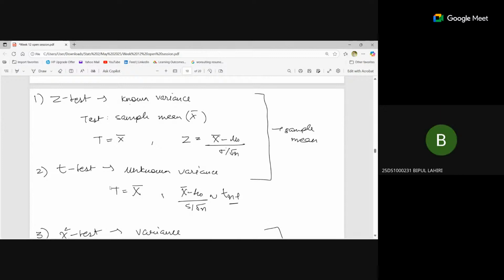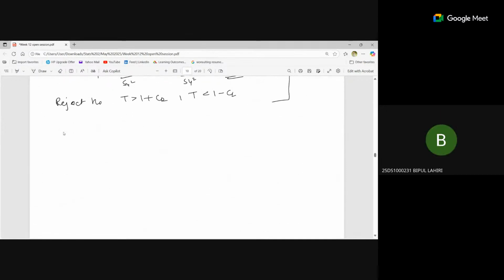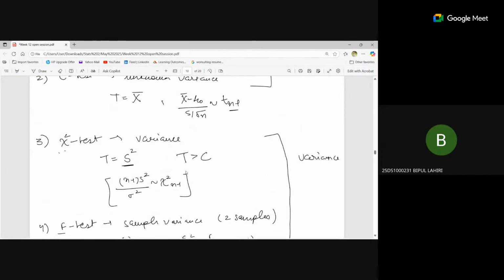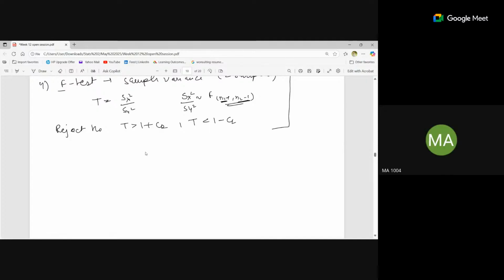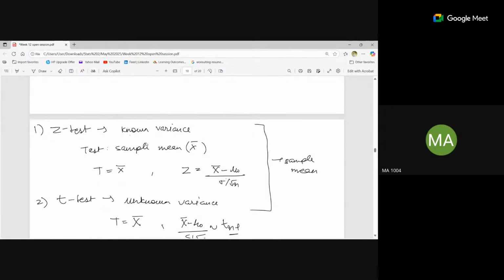The Z test for two samples is the same thing, X bar minus Y bar, also for the sample mean but for two samples.